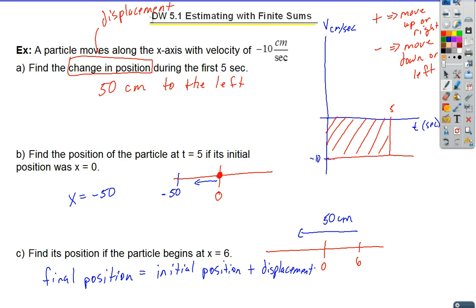In this case, my final position is what I'm looking for. My initial position was 6. My displacement, even though I'm saying it's 50 centimeters to the left, I want to write that as negative 50. So my final position here is going to be x equals negative 44, which will be over here.